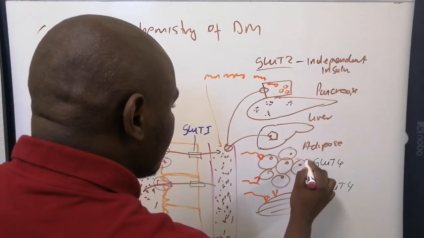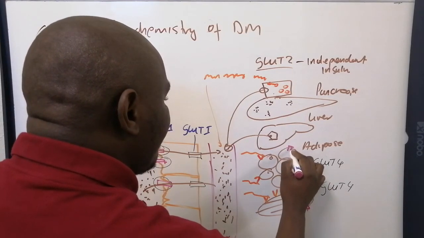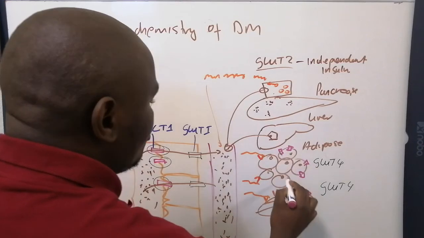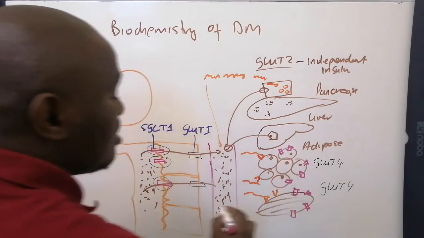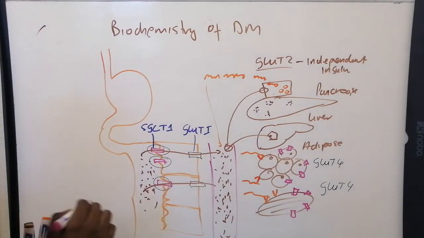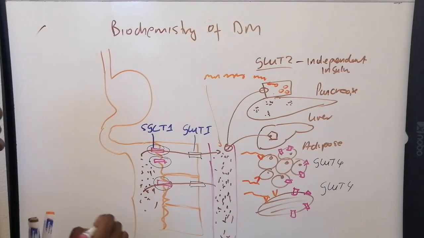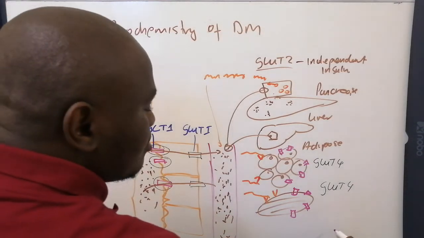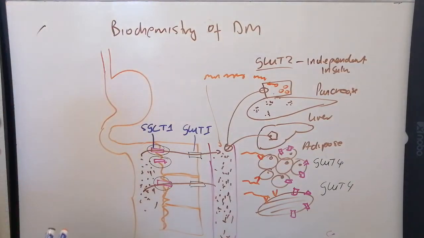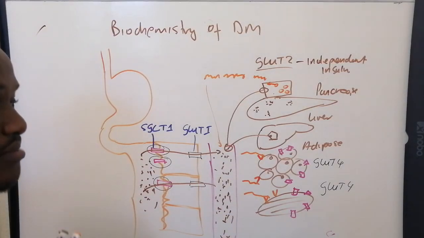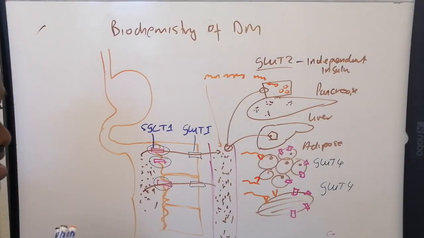They become expressed. Imagine having hypoglycemia and you express GLUT4. It means you're going to drop that blood sugar further, because let's say you've got a blood sugar of 4 and your GLUT4 are expressed. It means the little blood sugar that you have is going to move into the cells and you're going to have hypoglycemia.